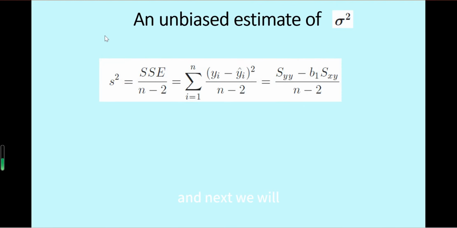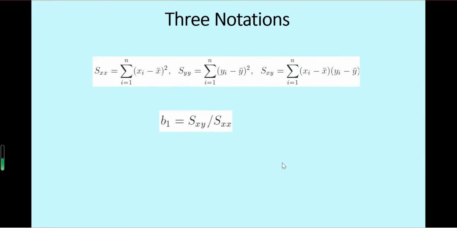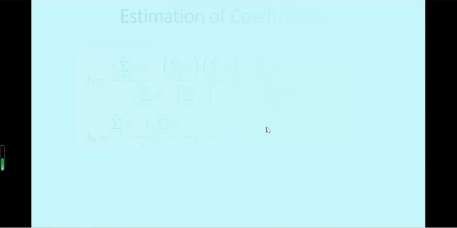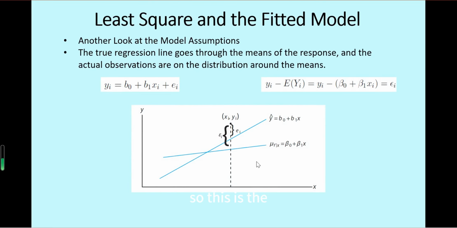And next we will talk about the estimate of the sigma square. So what is the sigma square? If we look back to this figure again, this is the real unobserved line. We never know this real line, but actually such a line exists and depicts the relationship between x and y.